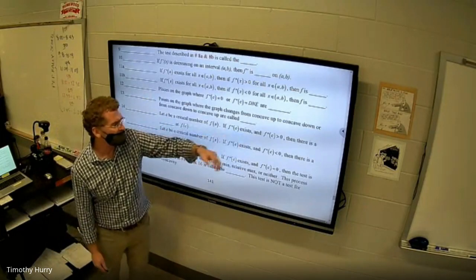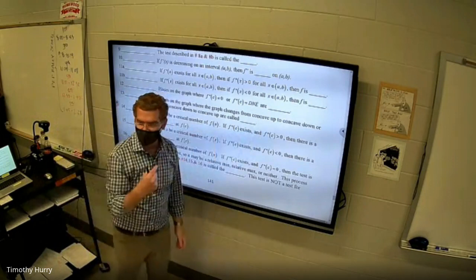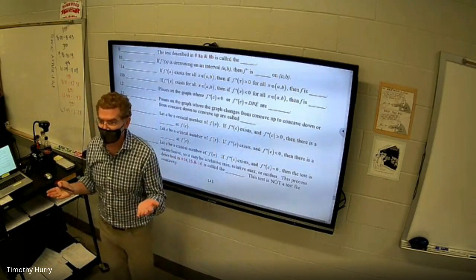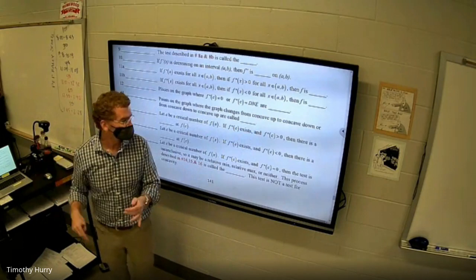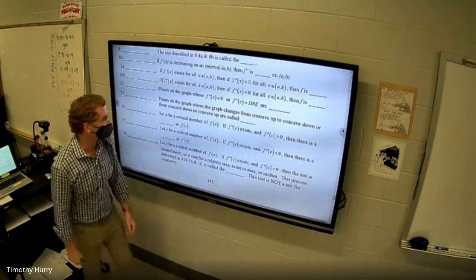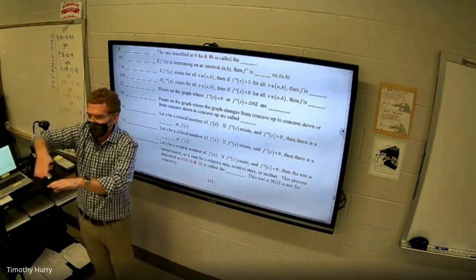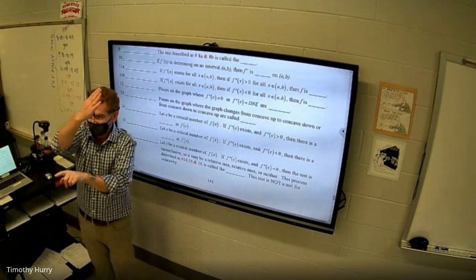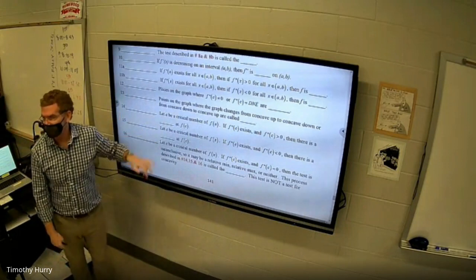If the second derivative exists, and when you plug a number into the second derivative, you get a positive number, what should that alone tell you? Positive second derivative should be concave up. Good? If C happens to be a critical number, though, in a concave up situation, what must exist there? A relative min. That's the second derivative test.